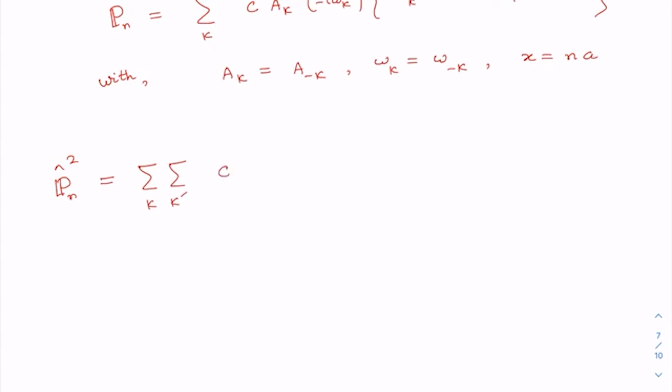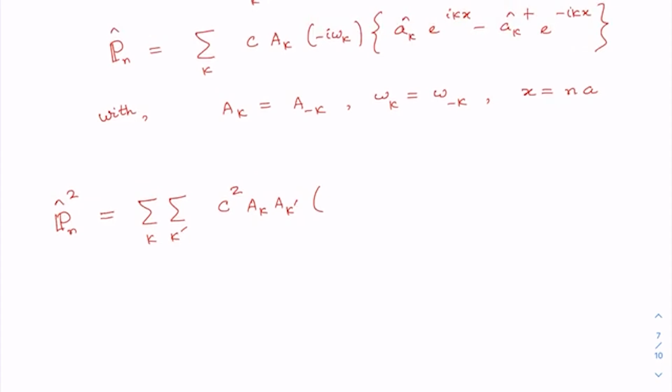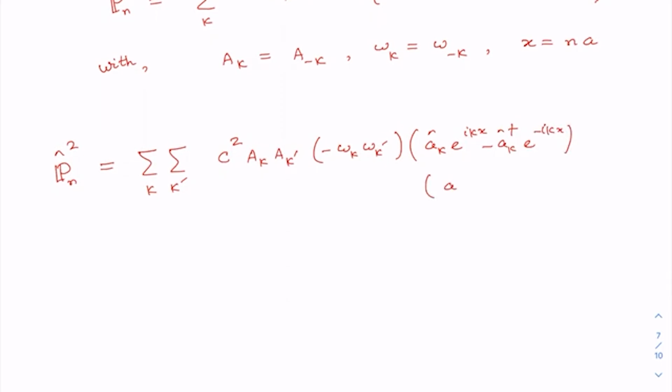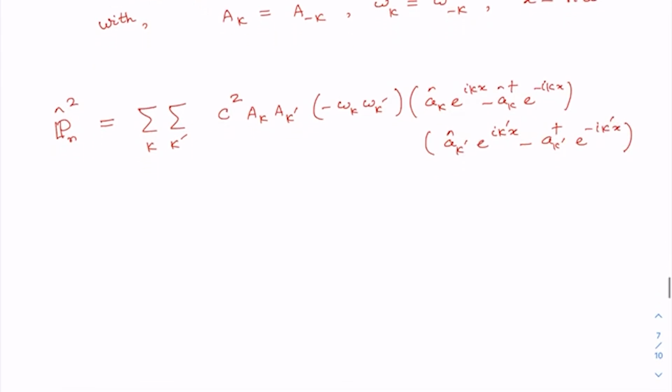If I square it, I will have C square, and since minus i squared gives minus, I will have minus omega k omega k dash, times (ak e to the power ikx minus ak dagger e to the power minus ikx) into (ak dash e to the power ik dash x minus ak dash dagger e to the power minus ik dash x), all these being operators. Okay, now let me expand it.